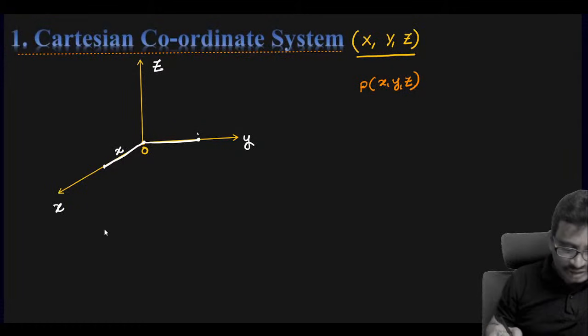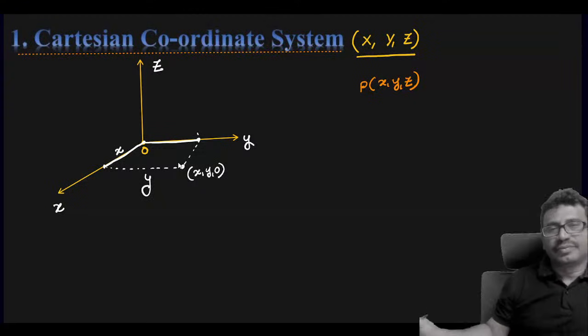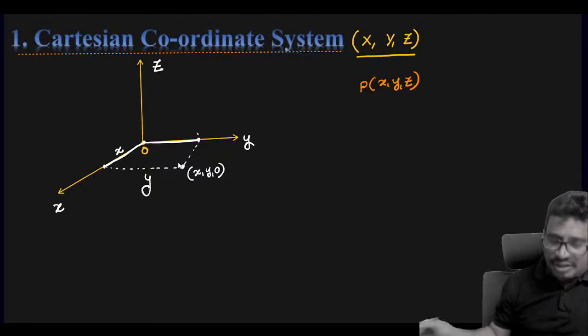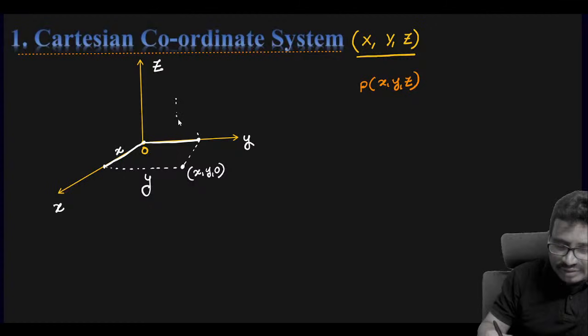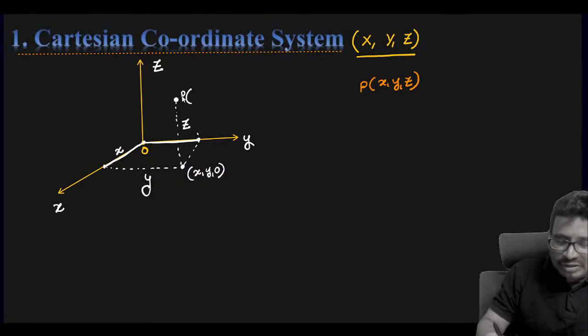Thereafter we move y units parallel to the y axis. The z coordinate of this point is 0. Now we move a distance of z units parallel to the z axis. This is the point x, y, z.